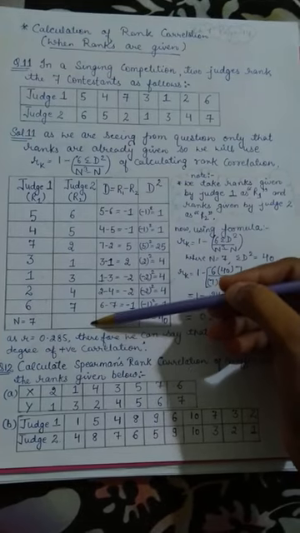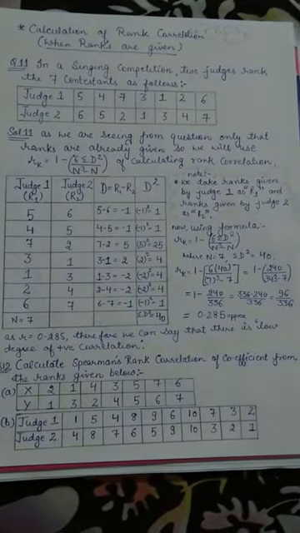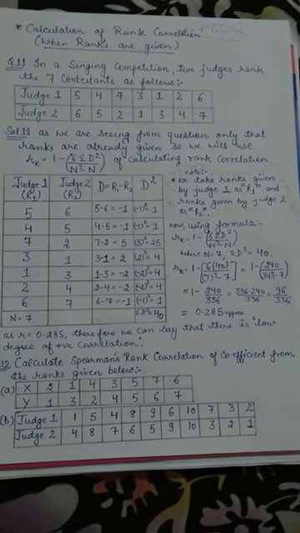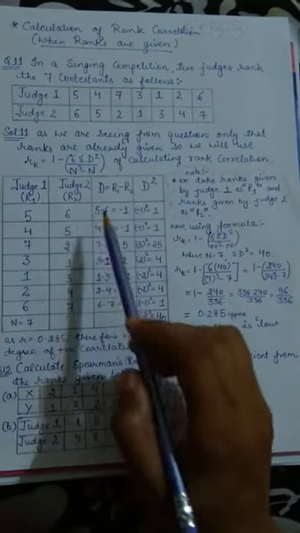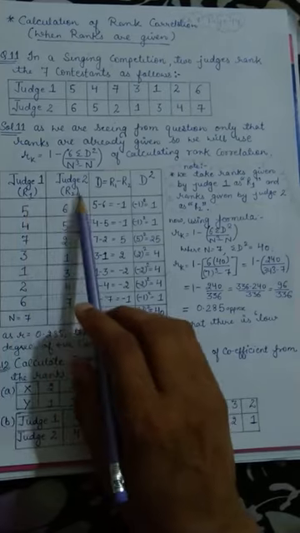So here we have taken ranks given by judge 1 as R1 and ranks given by judge 2 as R2. Now children, what we have to do here is find the difference between R1 and R2.